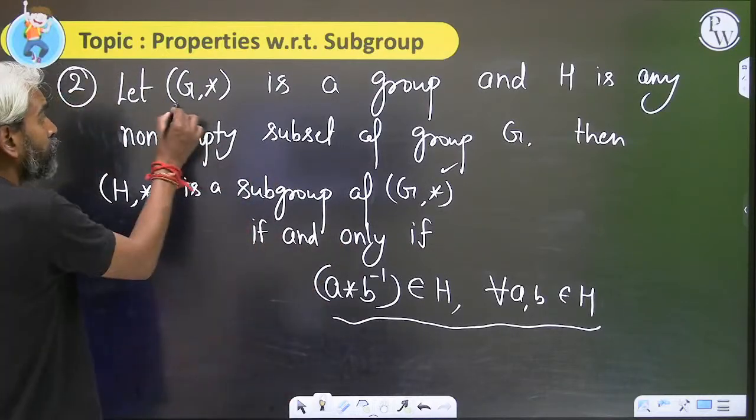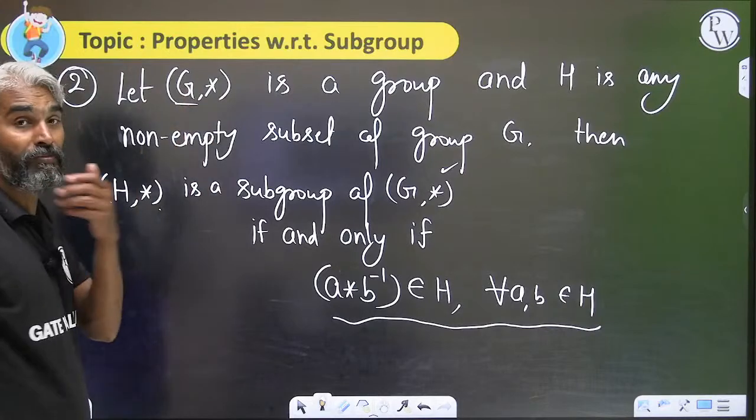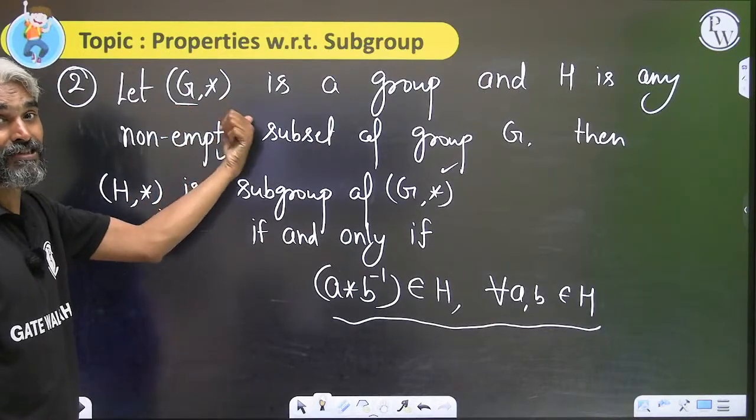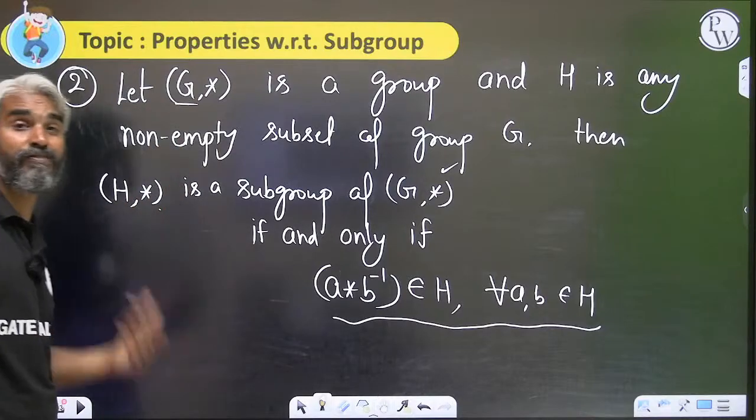G is already a group with respect to binary operation asterisk. So if asterisk is associative with respect to elements of set G, then it will be associative with respect to elements of set H also.